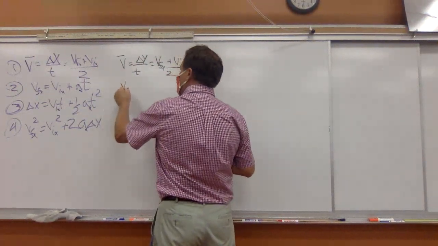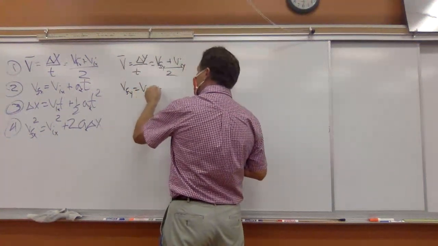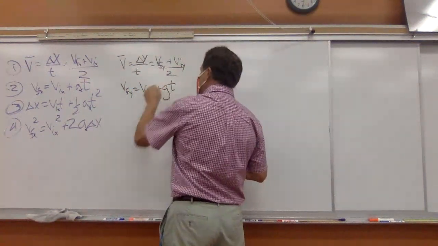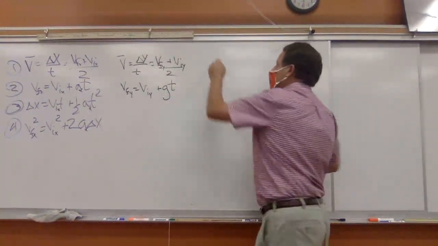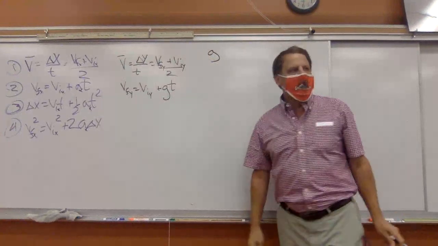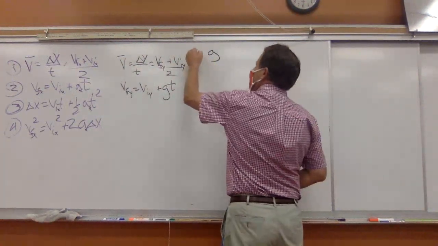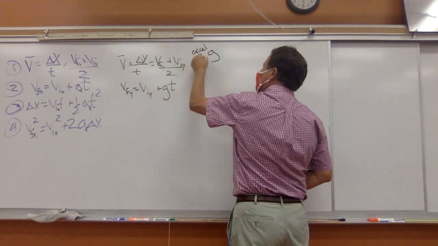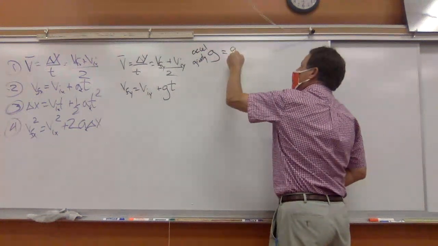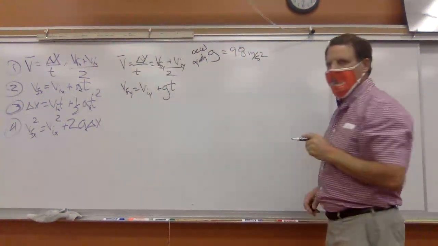So we're going to have v final y is equal to v initial y plus gt. This g right here is the acceleration due to gravity, and it is equal to 9.8 meters per second squared.